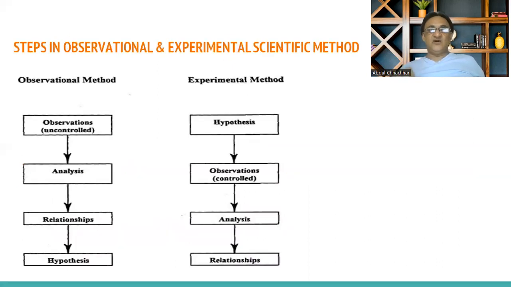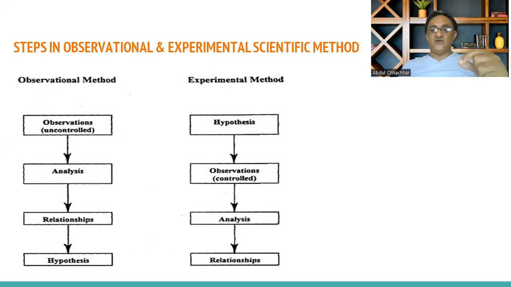Steps in the observational and experimental scientific method. This is the chart which will help you, and you must know how the observational method works and how the experimental method works. So what is the difference between them? In the observational method, they have observation, analysis, relationship, and hypothesis. So this is the reverse process.